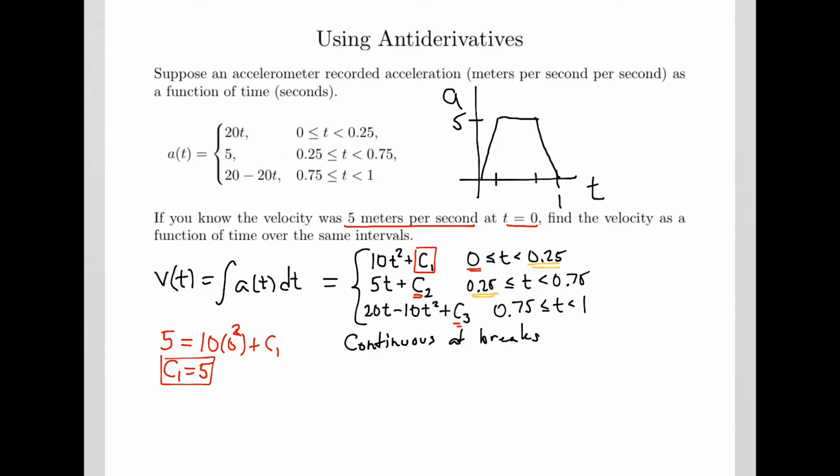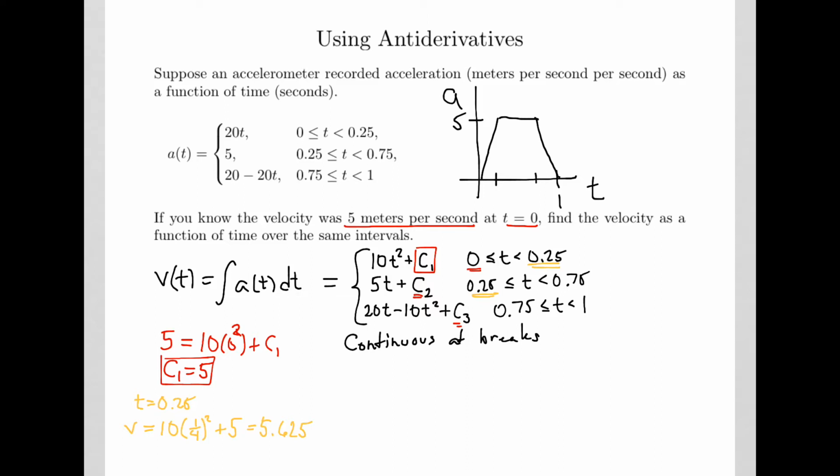So we can calculate, actually let's do it in the orange, when t equals a quarter, if I use the velocity from the first formula, I get 10 times a quarter squared plus 5. So let me quickly calculate that. And I get 5.625.